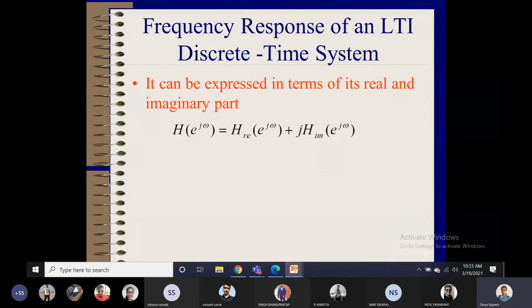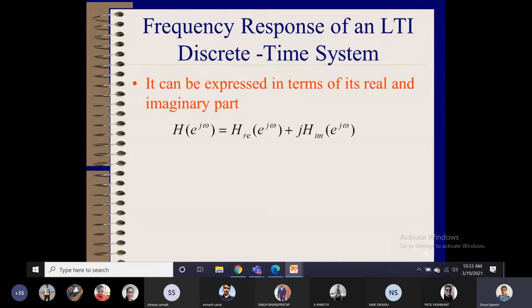Since it is complex, I can segregate it into two parts: one is the real part and the other is the imaginary part. So H of e raised to j omega can be written as H_RE of e raised to j omega, where RE indicates the real part, plus j H_IM of e raised to j omega, where IM denotes the imaginary part.